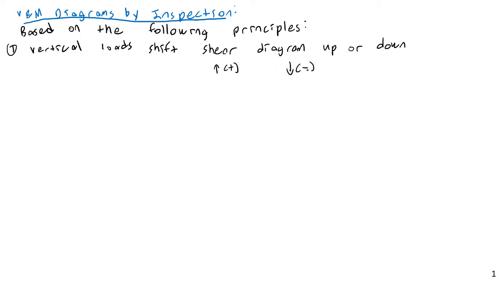So in other words, an upward load, including an upward reaction, yields an upward jump in the shear diagram.